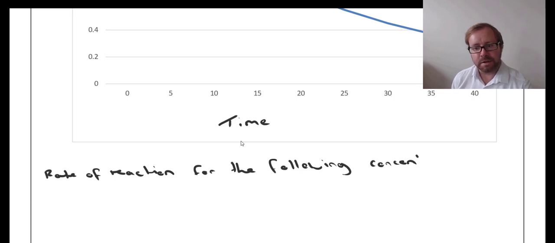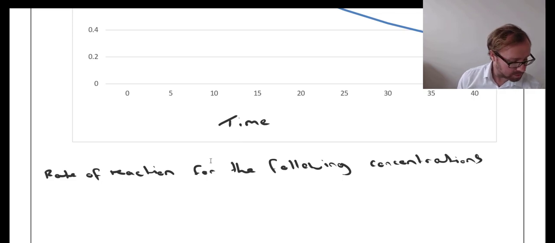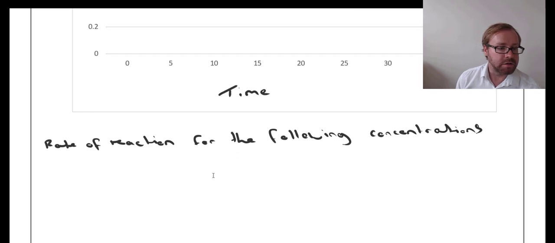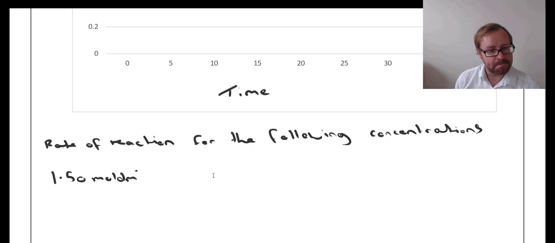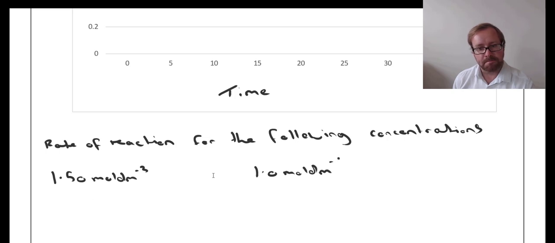Now remember, this is what you have to do with your tangent lines. Okay, so the first one we will do at a concentration of 1.5 mol dm^-3. Second at 1 mol dm^-3.